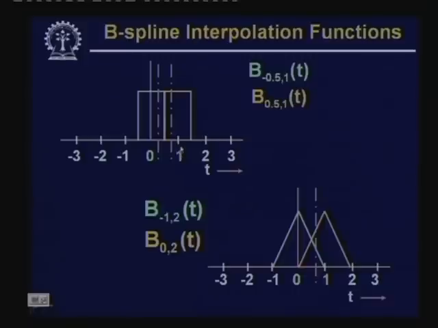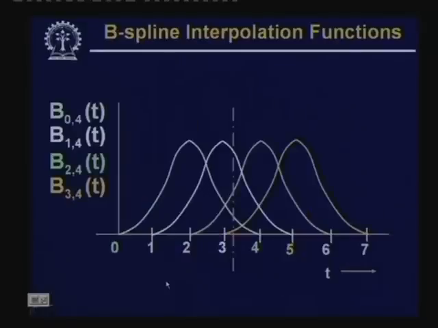To find out the contribution of p 1, I consider the B-spline function to be b 0.5 1 t. Similarly, in the case of linear interpolation, to find out the contribution of point p 0, I consider the B-spline function to be b minus 1 2 t, and for the contribution of p 1, I consider b 0 2 t, and so on. Similar is also the case for the cubic interpolation.